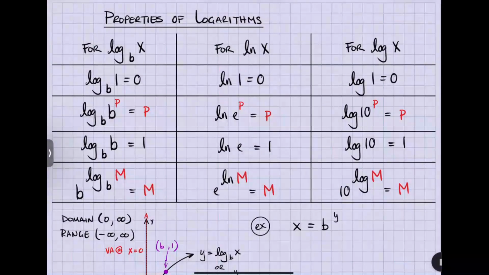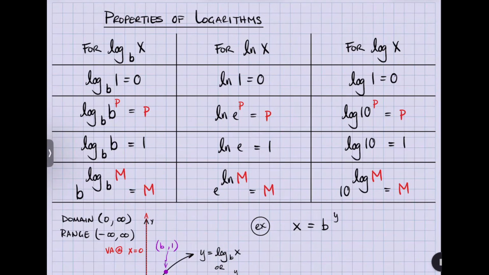All right, so let's talk about these properties. Now, you guys are seeing 12 different properties, is that right? That's what you guys see, but it really is only 4. It is the same property for the different logarithms.